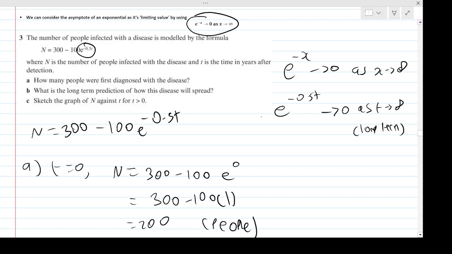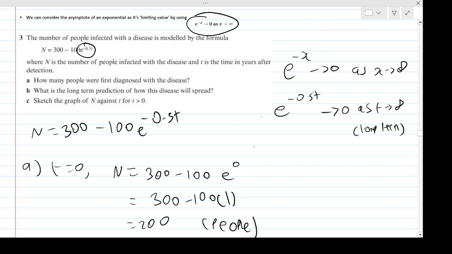Okay, so the long-term prediction when t is large is because e to the negative 0.5t goes to 0, as we discussed, because the idea is that the graph e to the negative x, which looks like this, goes towards 0 in the long term, as you can see.